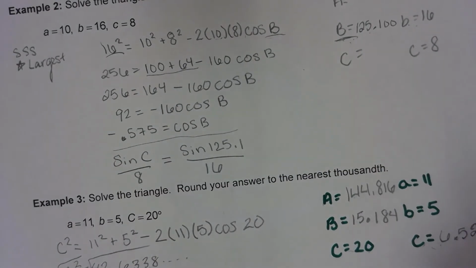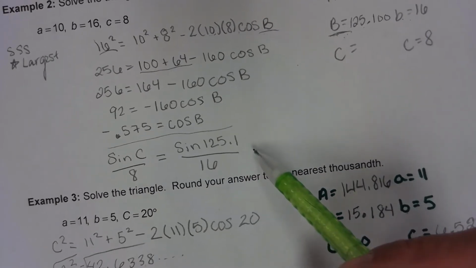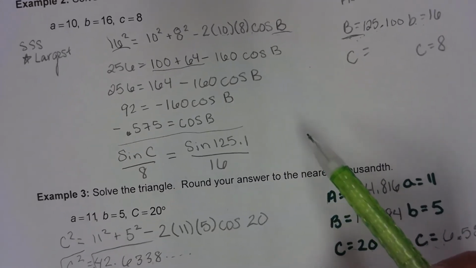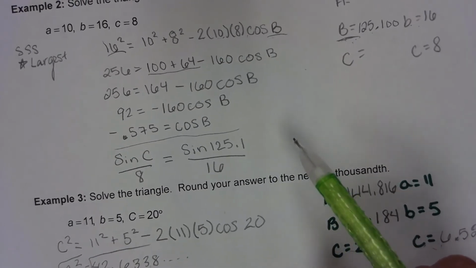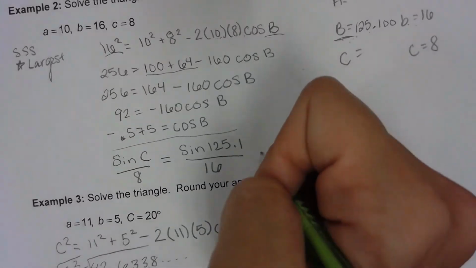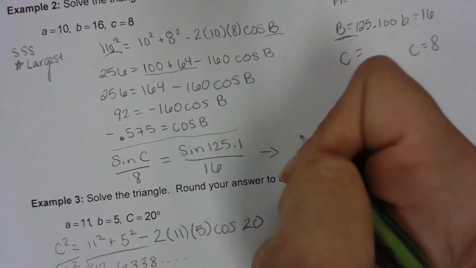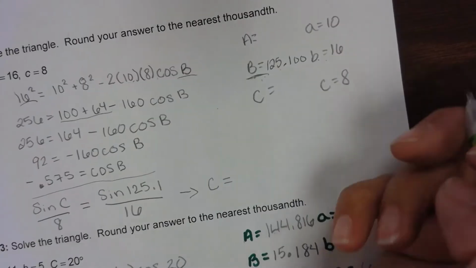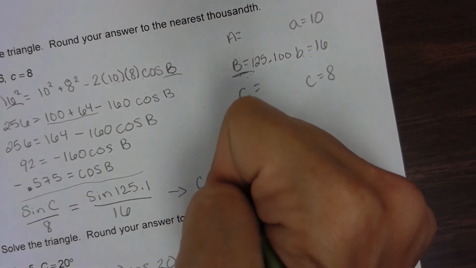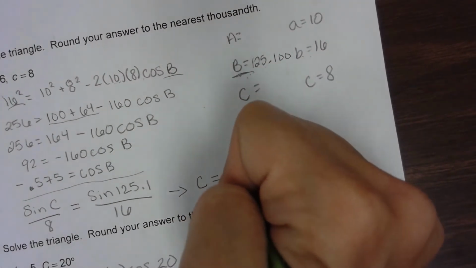I'm going to go straight to what you should be plugging in your calculator because we learned law of sines 2 classes ago. So if you need extra help on that, please pause the video and raise your hand. But what we should be having is that C will equal, and what you'll put in your calculator is the inverse sine.